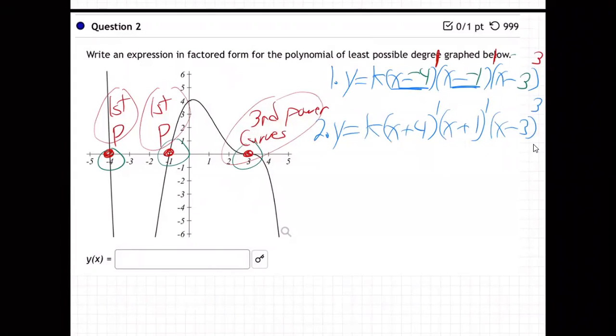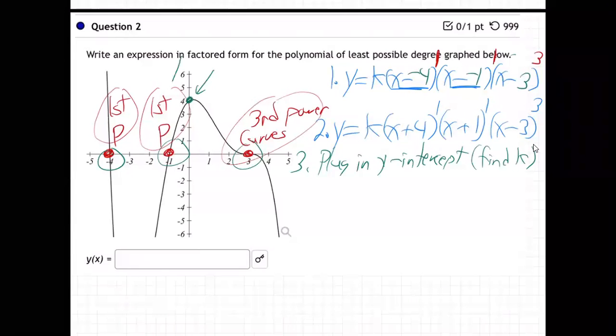Okay. And now step 3, we're going to plug in the y-intercept, and with that information, find k. So how do we find k? Plug in the y-intercept. What is the y-intercept? It's right there. This is the y-axis.